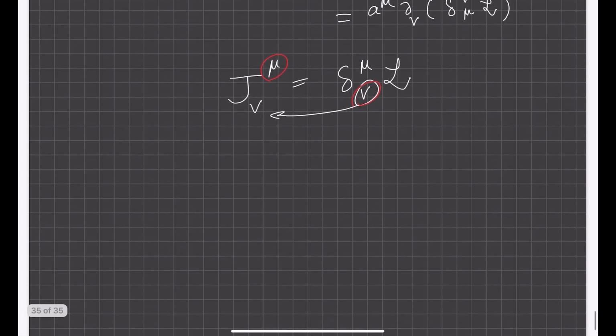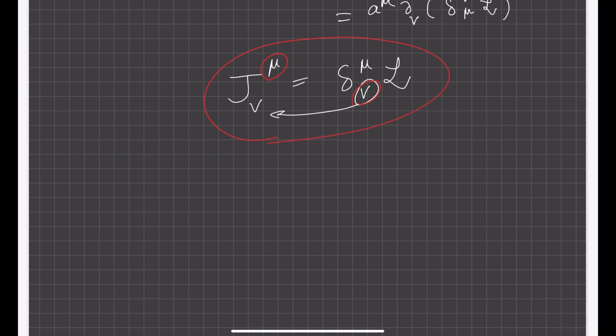So now we determine this j function here. This j function, with some tricks, is equal to the Lagrangian itself times some delta parameter. So this somehow can be obtained like this.